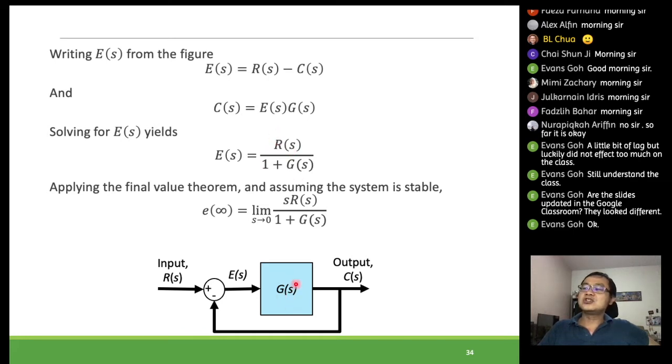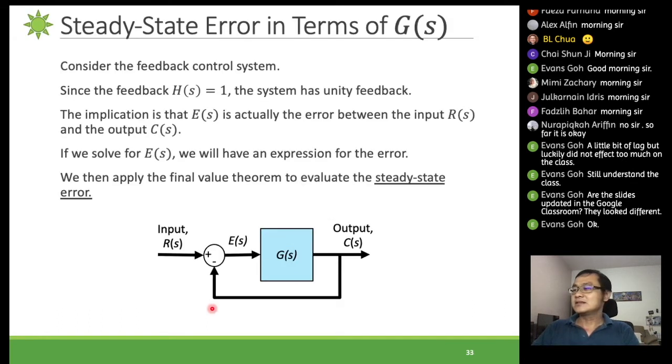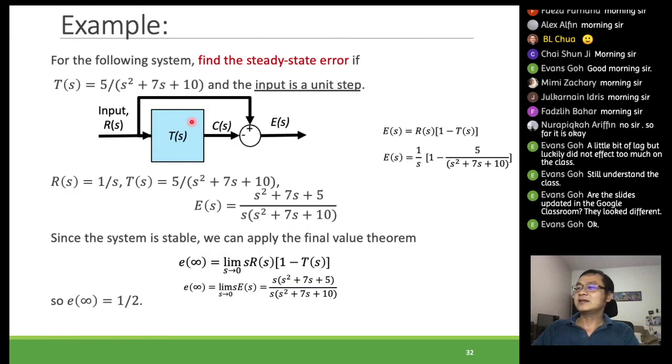So this G is similar to the previous one. Previously we used T, but the previous T is in the open loop form, whereas this form is the closed loop form. Just to re-highlight: assuming we don't draw this feedback, you can see that this is an open loop, everything direct, and we just want to know the difference between them.